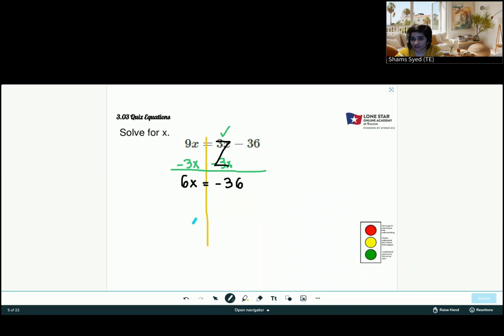The goal is to get x by itself. In order to do that, I want to get rid of the 6. I will divide both sides by 6. Excellent, Andromeda. So now the question is negative 36 divided by 6, and the answer is negative 6.